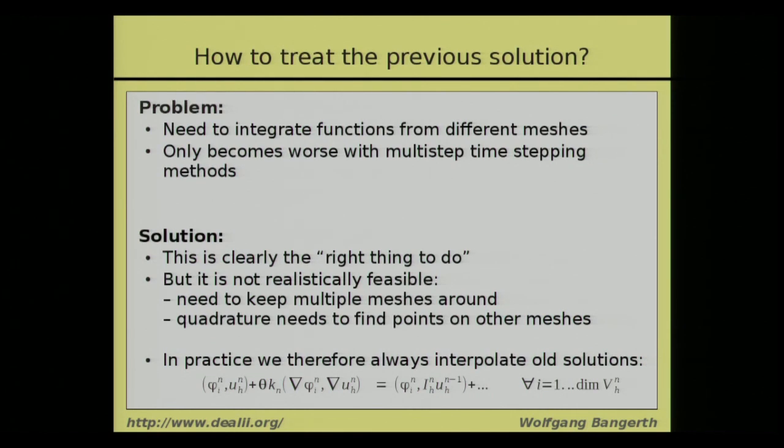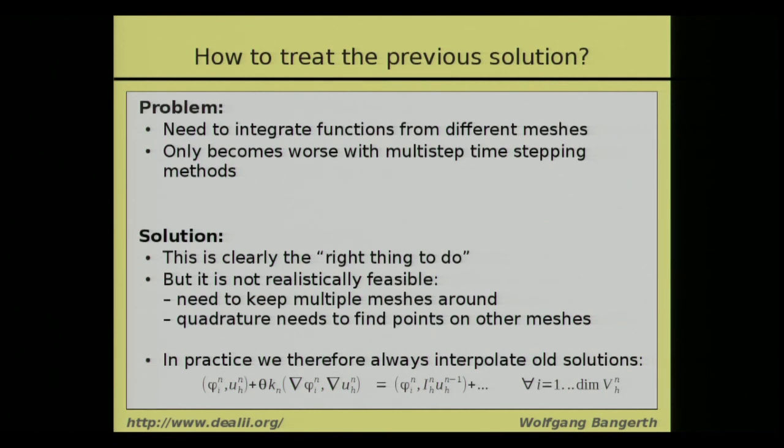Now, if you look at this problem, it is something that certainly only becomes worse if you have multi-step time-stepping methods. I showed you these equations for the theta method. The theta method only ever keeps 2 solutions around, at time step tn and at time step tn minus 1. Many of the better methods, higher order integration methods in time, would have 3 or maybe 4 solutions.